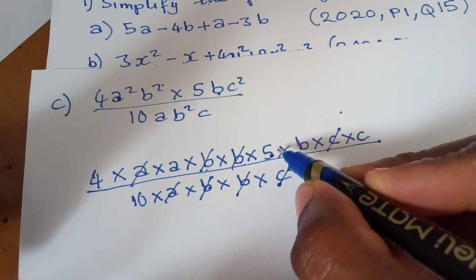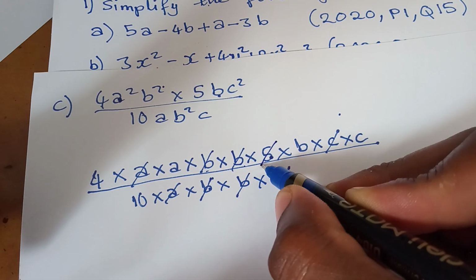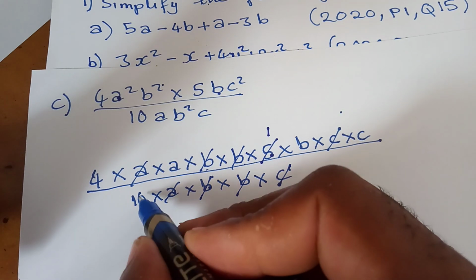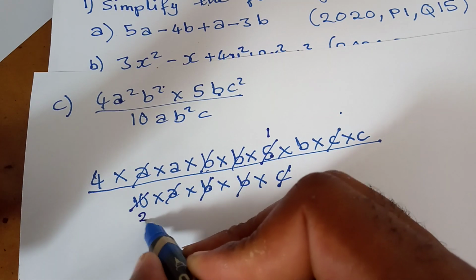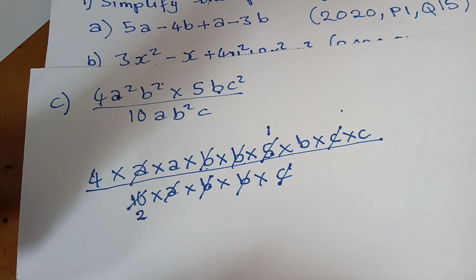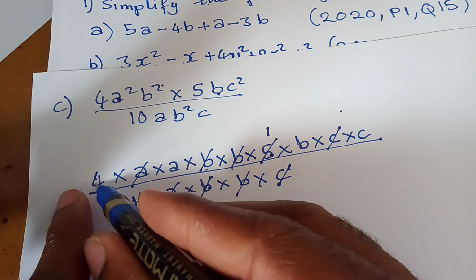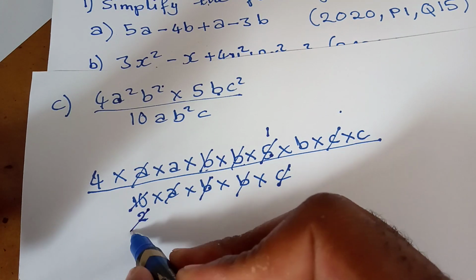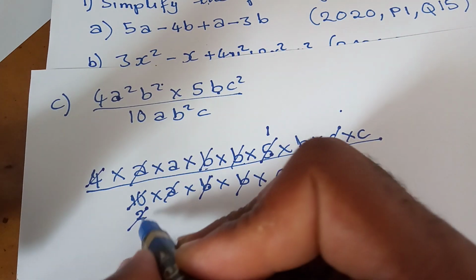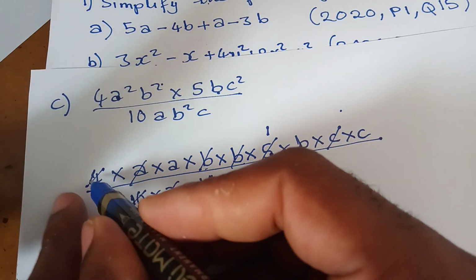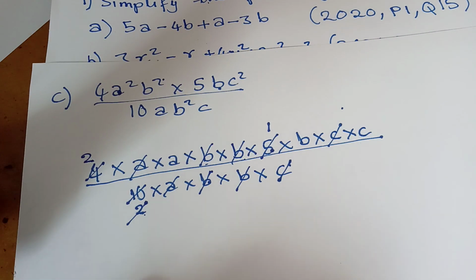Maybe let's just cancel them out. So 5 into 5 is 1, 5 into 10 is 2, like this. And then 2 can still go into 20, so you can say 2 into 2 can go into 4, so 2 into 4, this is a 2.